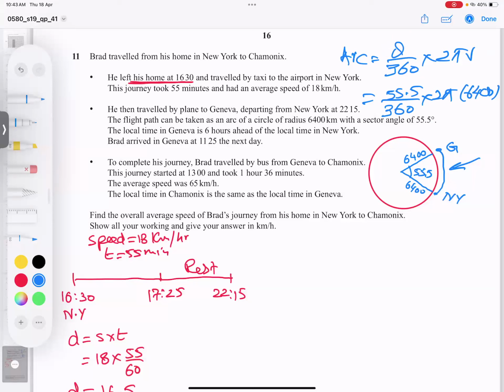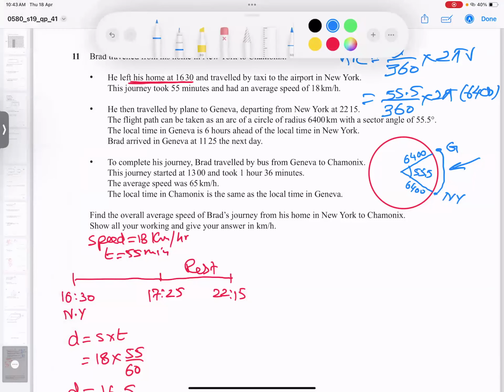55.5 by 360 into 2 pi into R, where R is 6400. My answer is 6199.4 kilometers distance, or I can round it to 6200 kilometers, no problem at all.